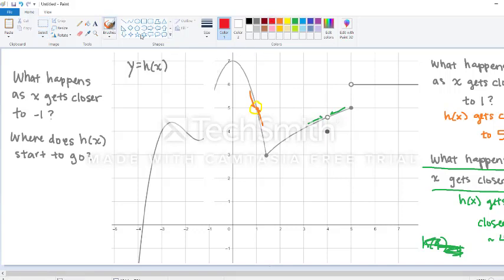So here's from the right, here's from the left, right? And so if we put the picture back in, we can see, oh, this road is leading towards 5, and this road is leading towards 4.